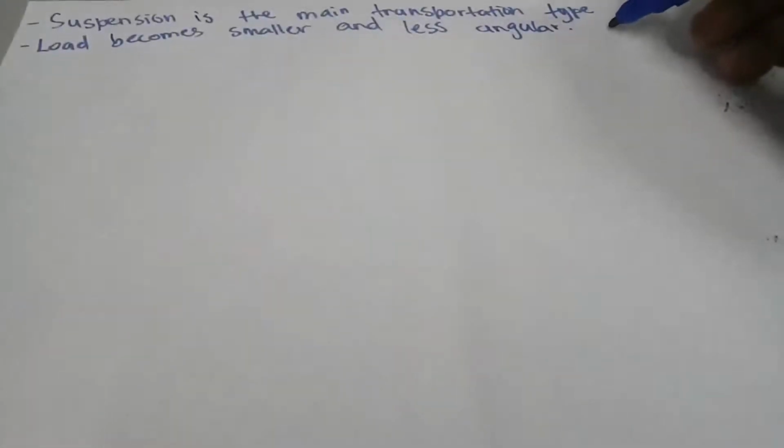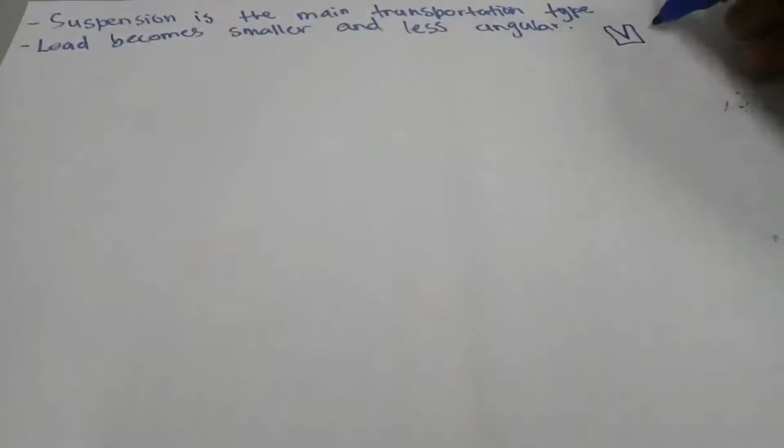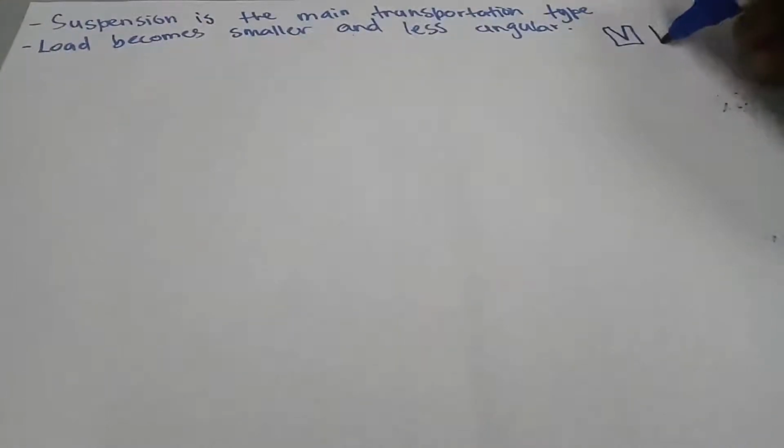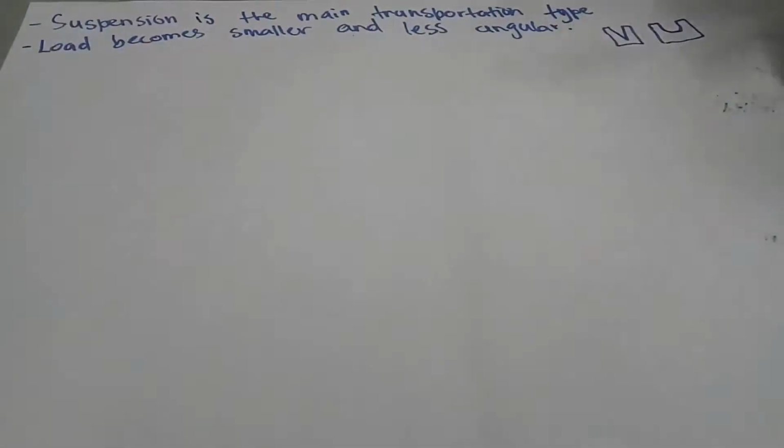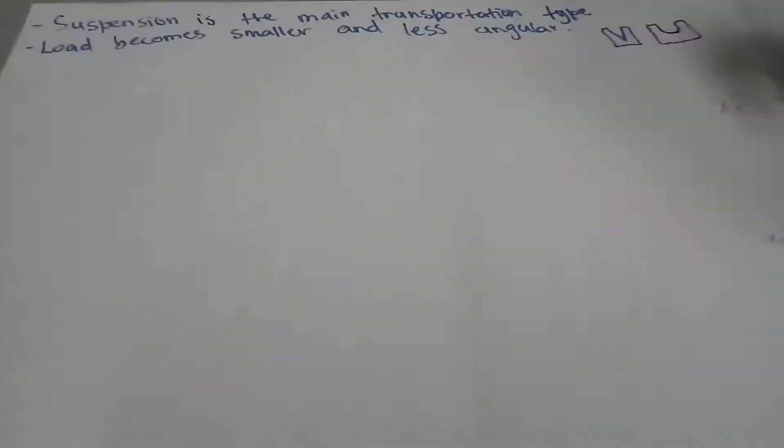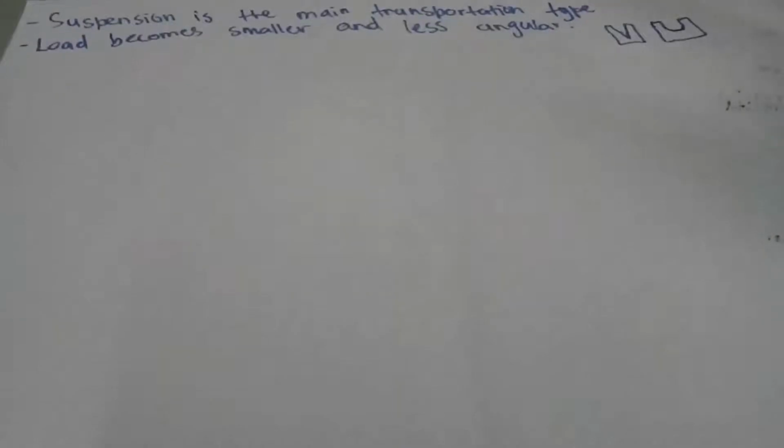As you can see, in the upper course it's so angular, but in the middle course it becomes less angular. You see, it's less angular now. It's not a V shape anymore because of the decreased vertical erosion.